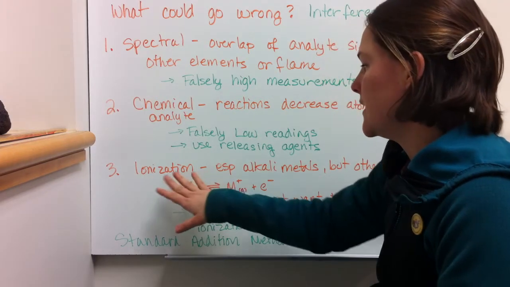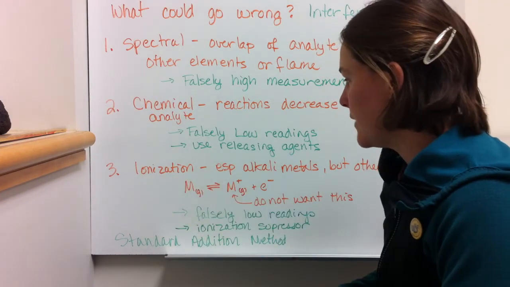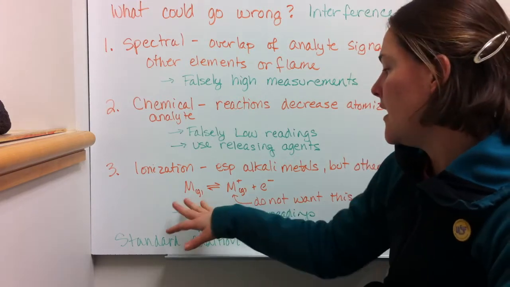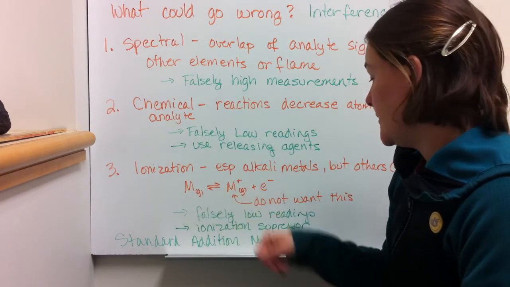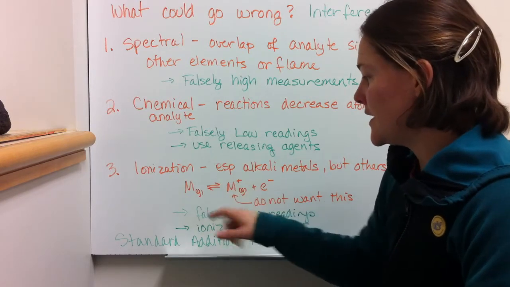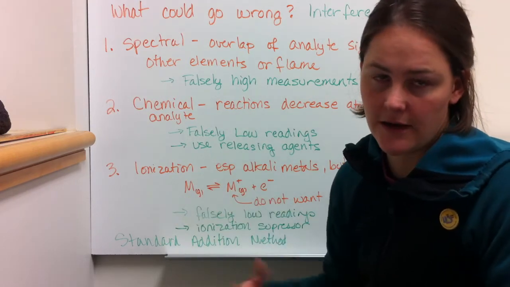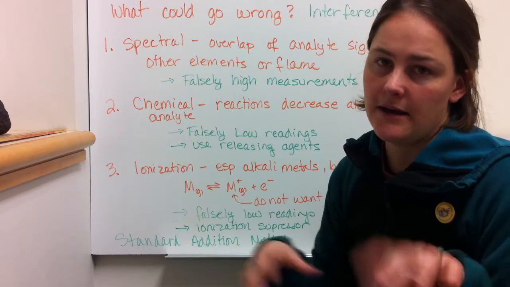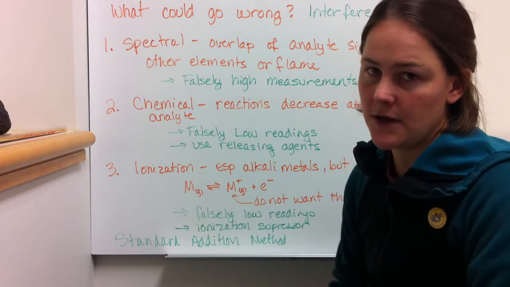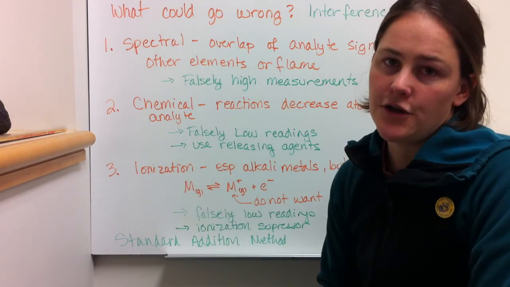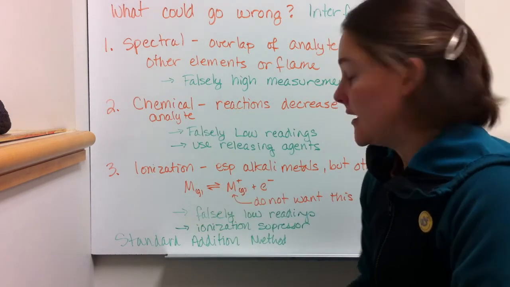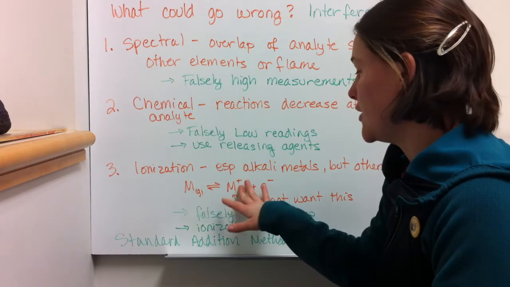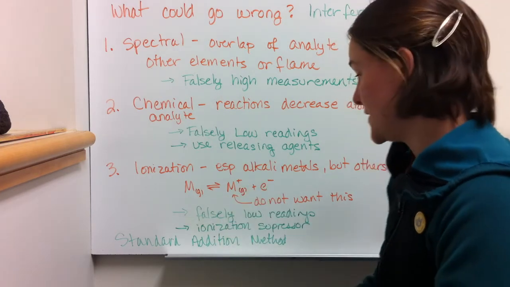The third is that you could have ionization interferences, where you have an element that can become ionized, and that's not what you want, because they have different energy levels. The whole atom and an ionized atom have different energy levels, so you're not going to be looking at the right energy if you have a large population of ionized atom of whatever your sample is.